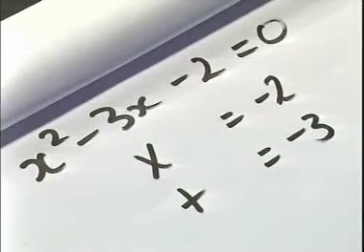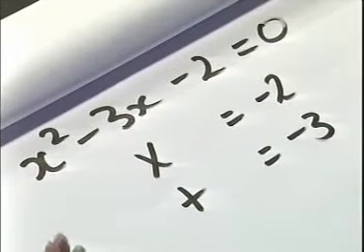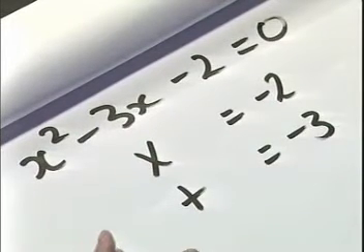Well, that would suggest 1 and minus 2. But no matter how we try and add 1 and minus 2 together, we're not going to get minus 3. And if we said, well, let's try minus 1 and 2, then again, they're not going to add together to give us minus 3. In short, this question does not factorise.